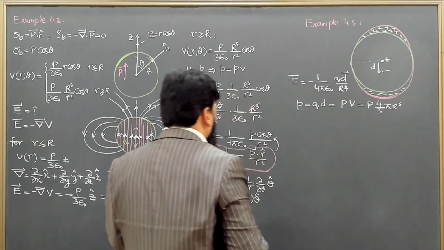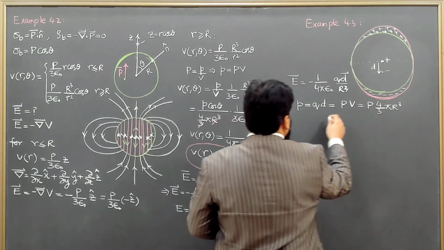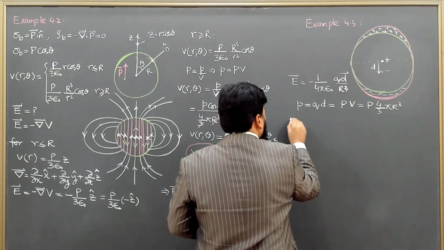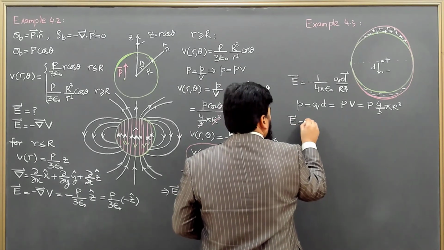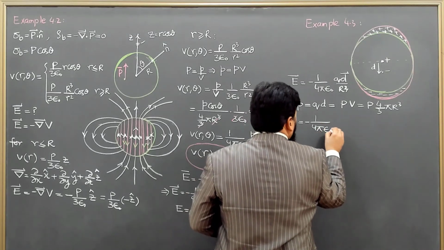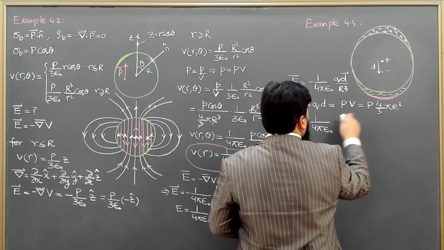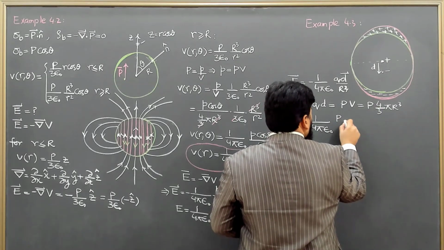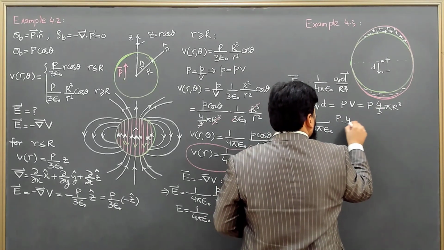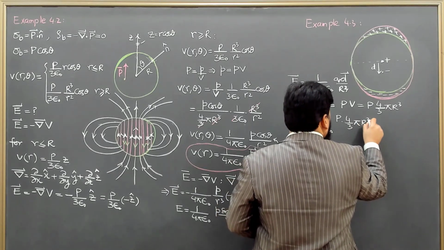So for this qd, I can write this. E equals minus 1 over 4 pi epsilon naught, and qd is P times 4 over 3 pi r cubed.